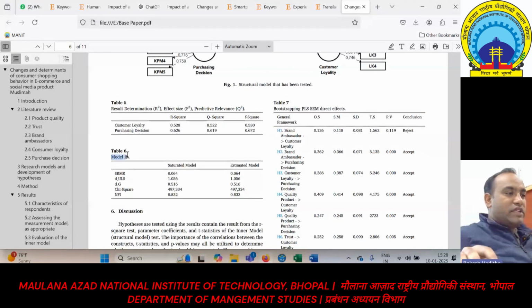Now the latest papers are focusing on model fit, SRMR values, and VIF. Here the direct effects: original sample means beta value, standard deviation, t statistics, p values, and on what basis he rejected or accepted.